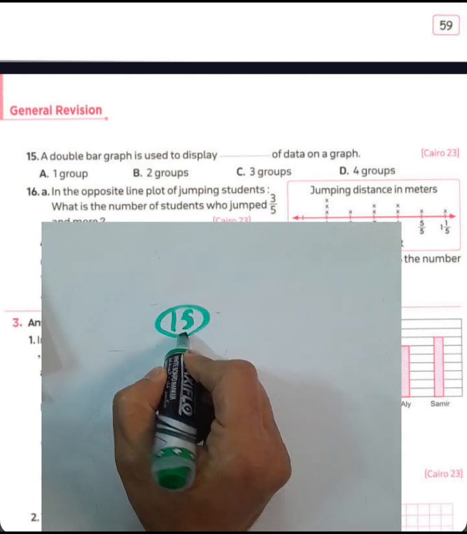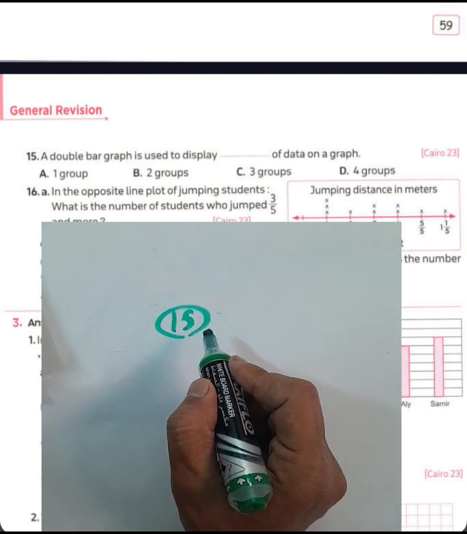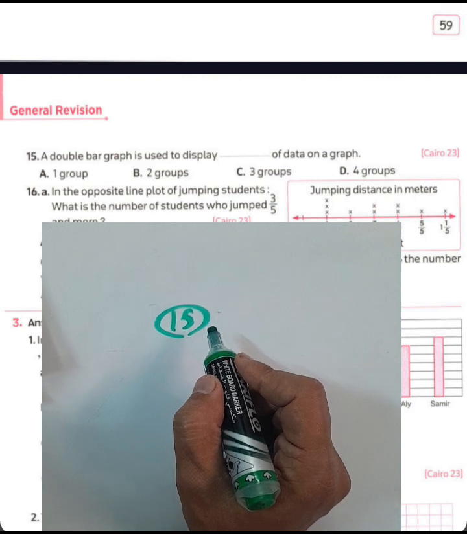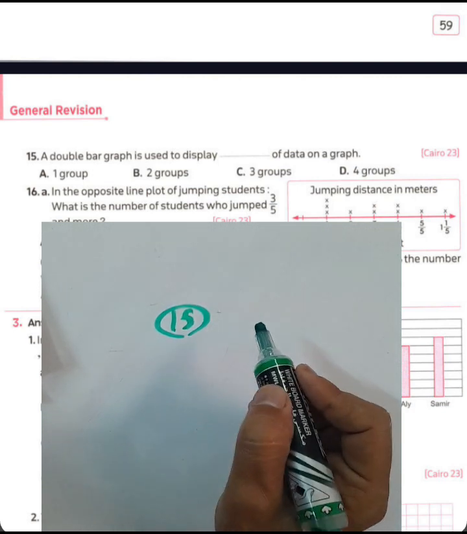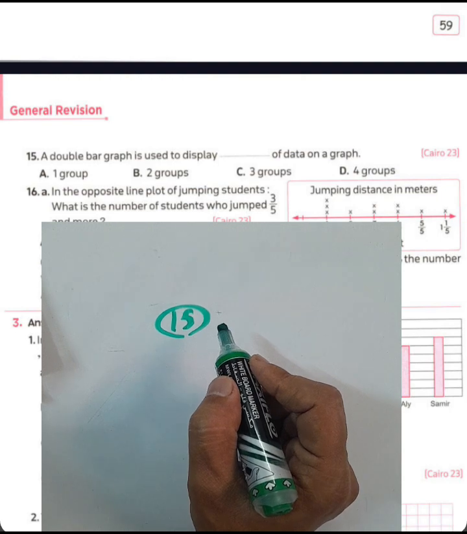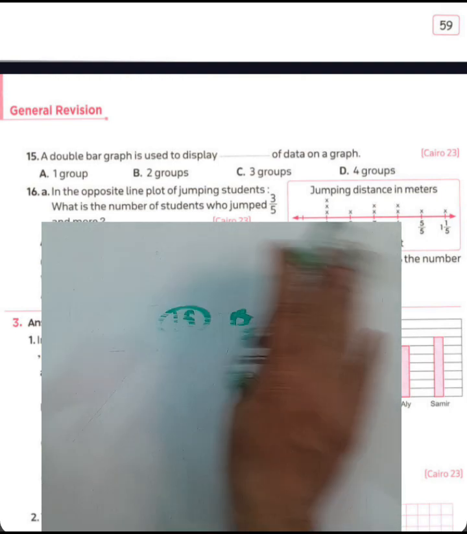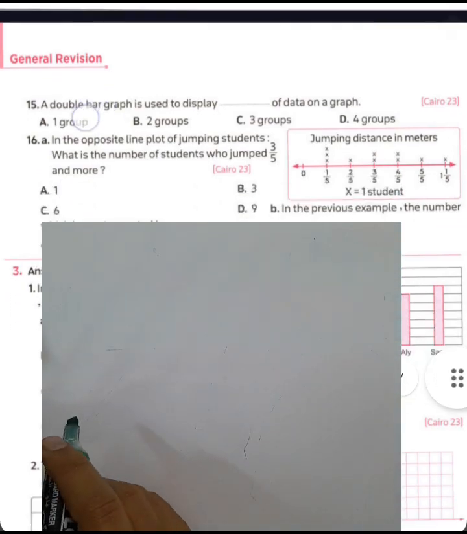Question 15. A double bar graph is used to display data. We have two groups, okay, comparing between two groups. Choose letter B. Question 16.